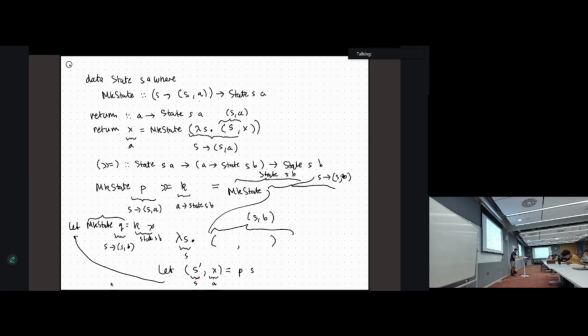What we could do is apply something like Q applied to S prime, which is going to give us something of type S double prime Y, right? And I've got the feeling that we're going to do something like this.